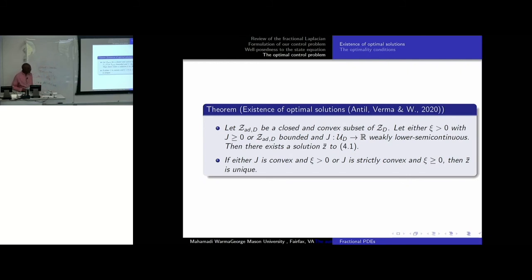Also, if we assume that J is convex and psi is positive, or J is strictly convex and psi is greater or equal to 0, then the minimizer is unique. This condition gives us that the functional is strictly convex, and we know strict convexity always implies uniqueness.